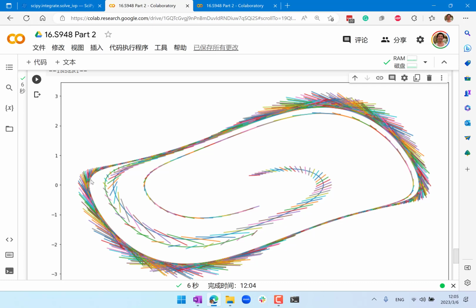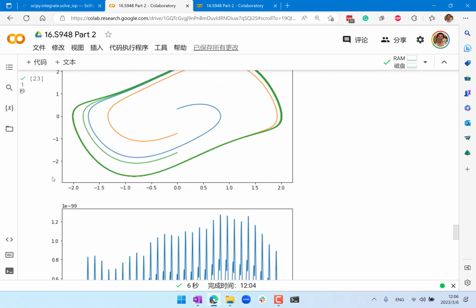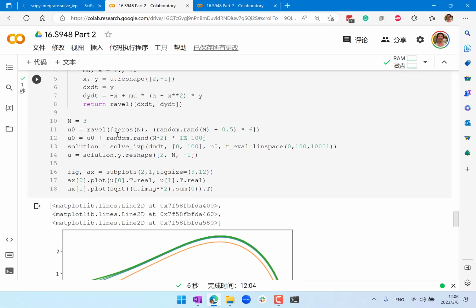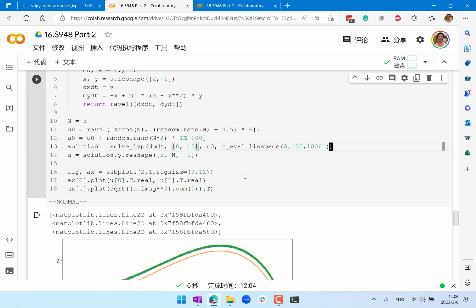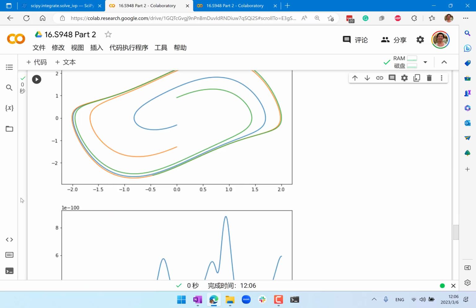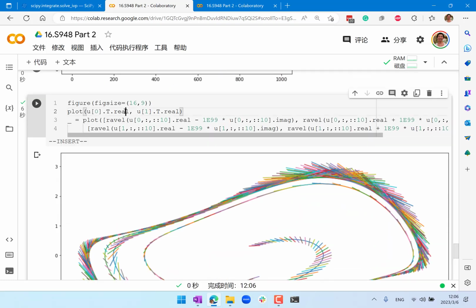Tangential means the perturbation is actually in the direction of the time evolution, right? I don't know, maybe it's clearer if we integrate not over 100 time units, but actually over 10 time units. So that might make things a bit easier to show over here.